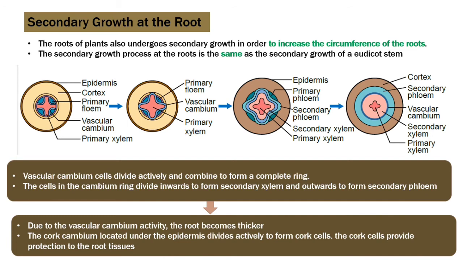So the structure of the roots after secondary growth has secondary phloem, secondary xylem, and vascular cambium. The secondary xylem, okay, has a star-like structure inside the root.